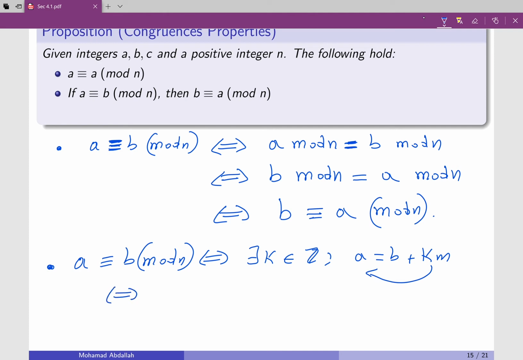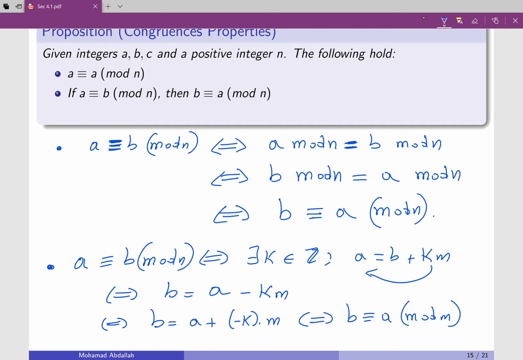So B equals A minus kn, which means B equals A plus negative k multiplied by n. So this is equivalent to saying that B is congruent to A mod n. Why? Because B congruent to A mod n means B equals A plus some integer times n. That's my integer, negative k. We didn't say that this k has to be positive, we just say it's an integer. So if k is an integer, certainly negative k is also an integer.